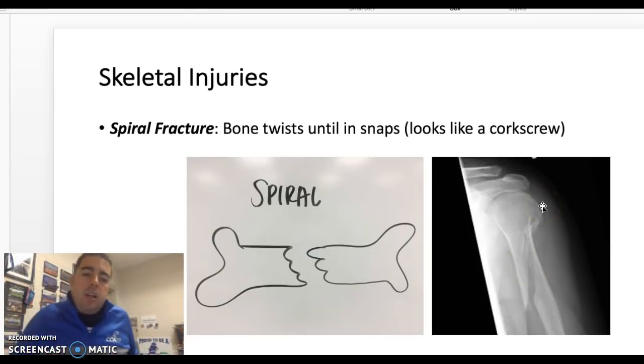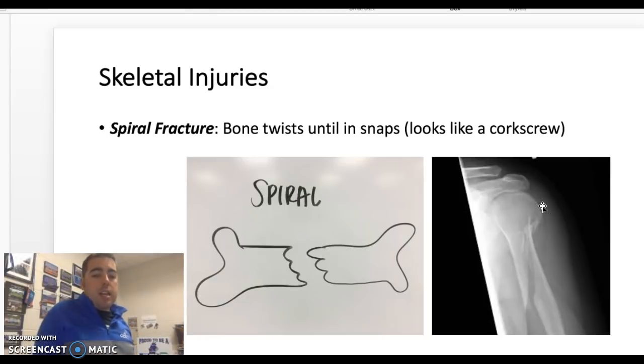In my experience, a real easy way to demonstrate how spiral fractures happen is if we talk about maybe football. Football is a really good example. Okay, let's say my running back, my fullback is running down the field, and he needs to cut.